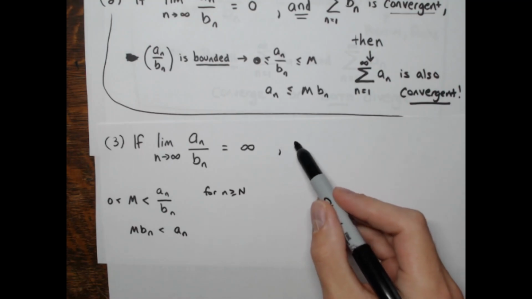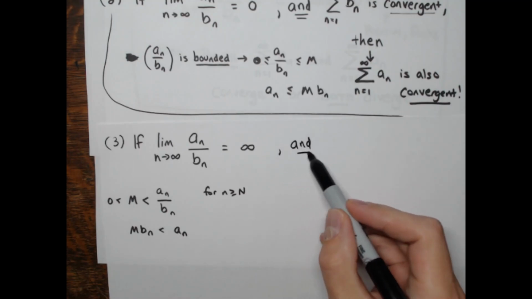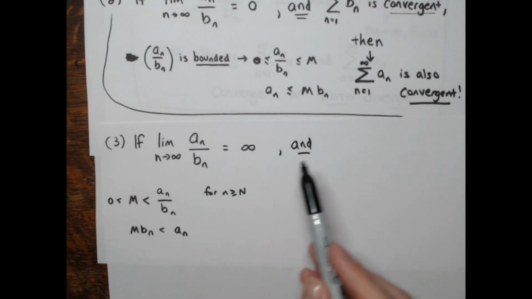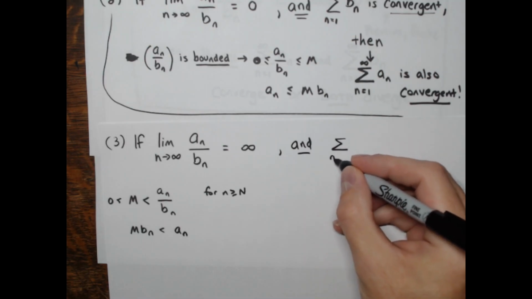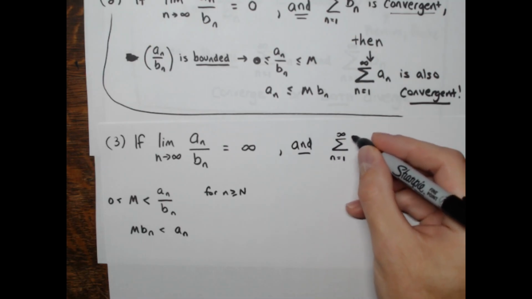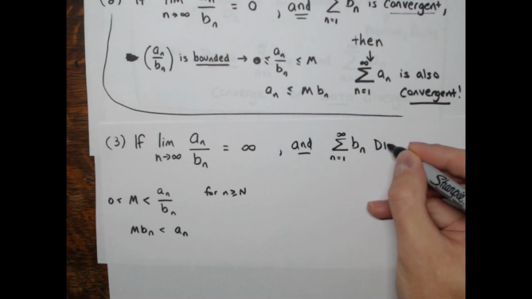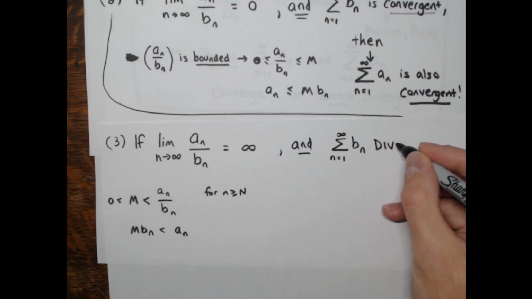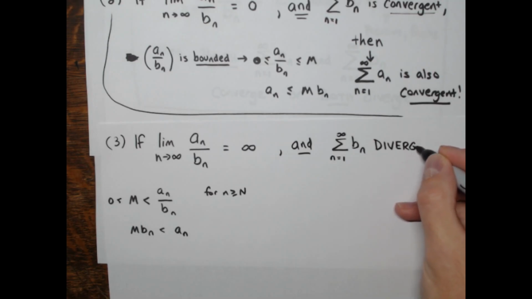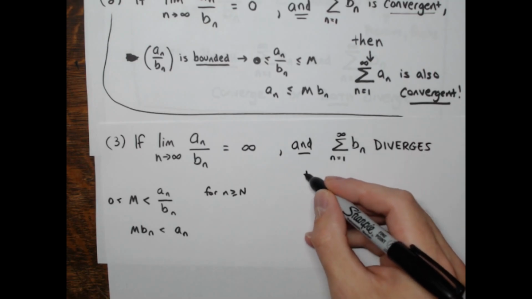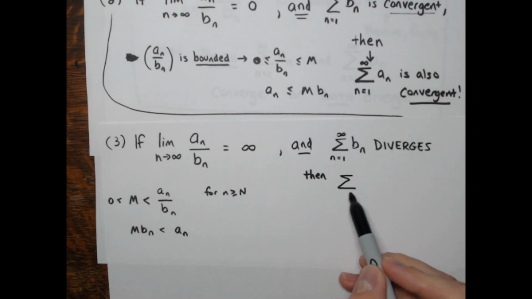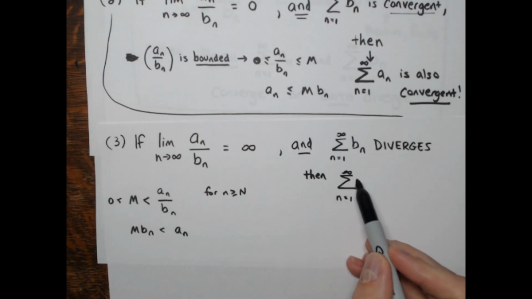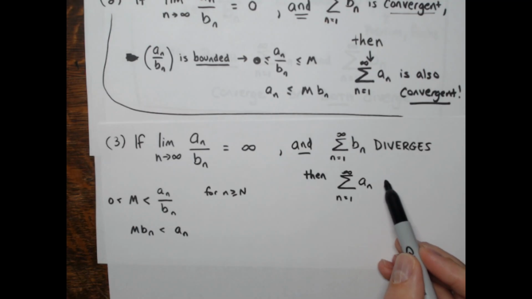So if this is the case, and the sum of the denominator sequence is diverging, then the numerator sequence must also diverge when you add them up.